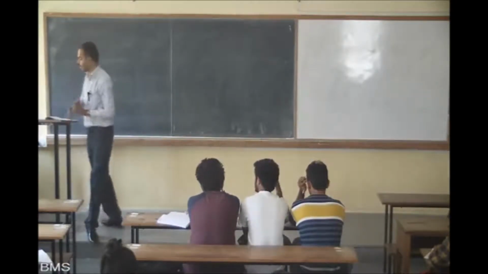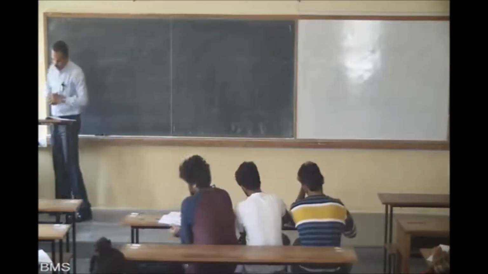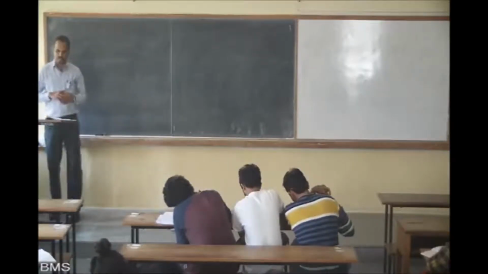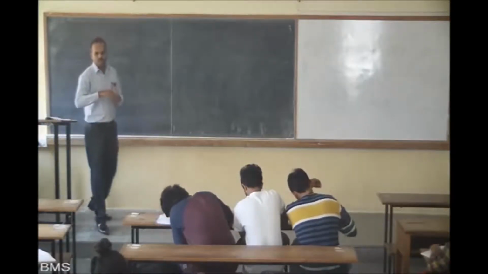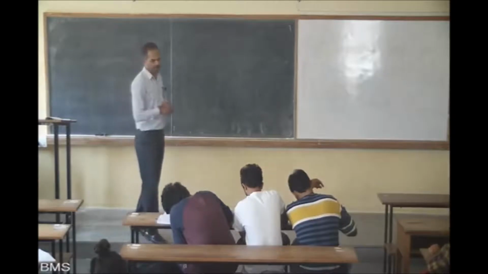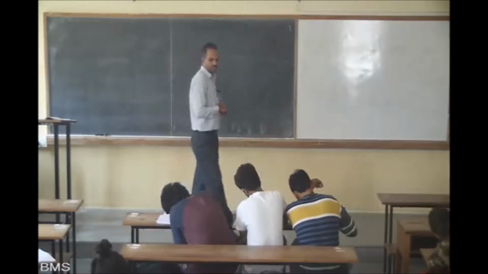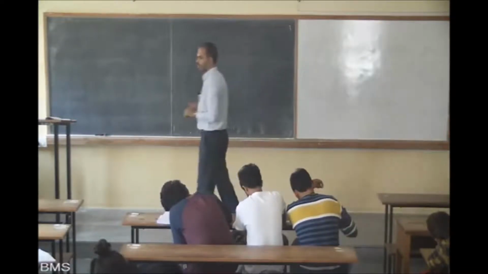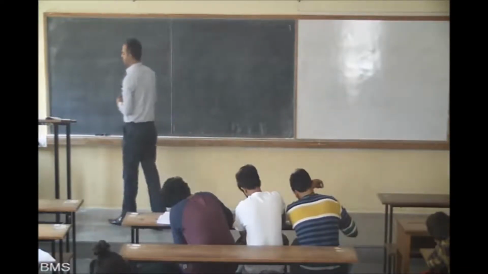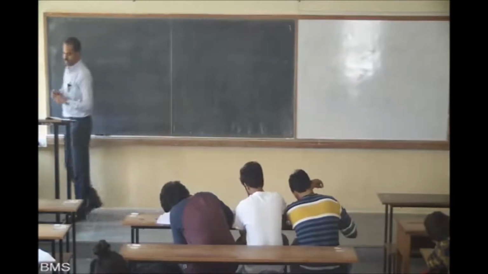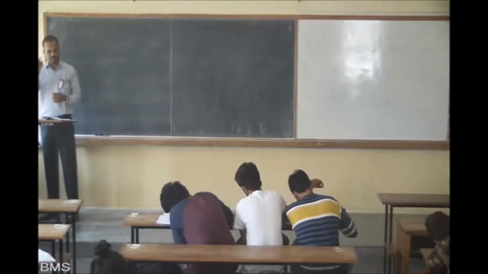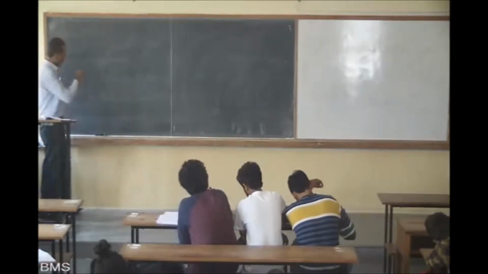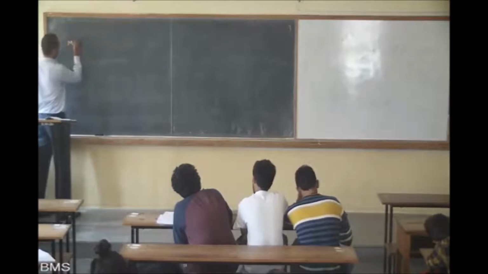Done. Next one. Go to multiply. We have mentioned all these instructions at the top. Multiply instruction works only on the A and B registers. That is MUL AB, there is no comma.